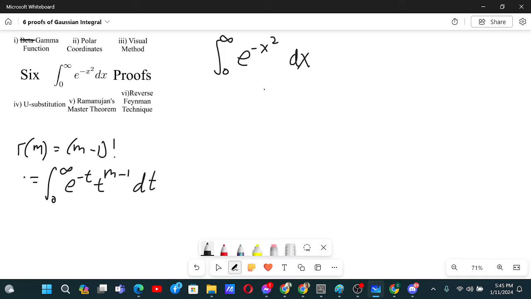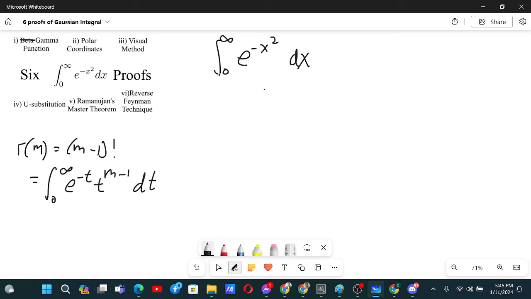By the way, this integral will just give you (m minus 1) factorial, and you can see that by using integration by parts. You will get a recursive function and then you will get this result. Yeah, it's just a generalization of factorial to real numbers.